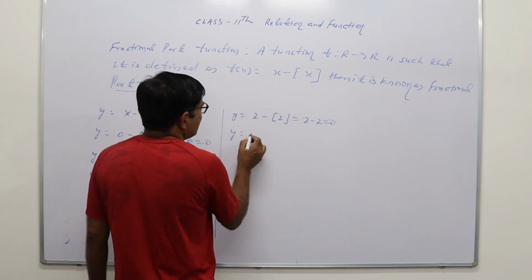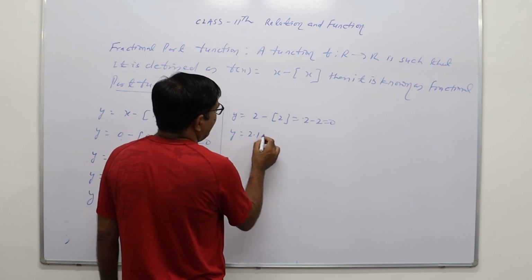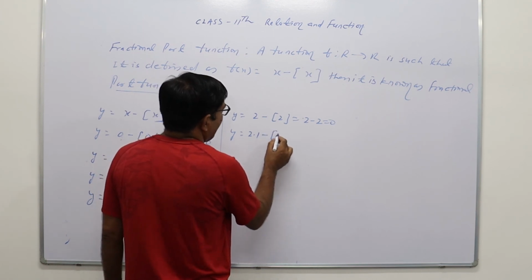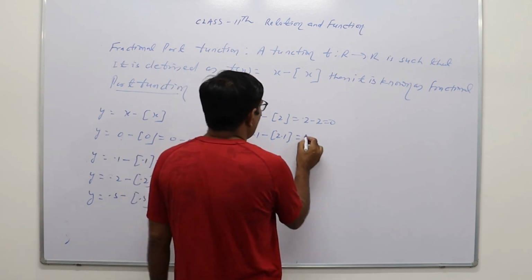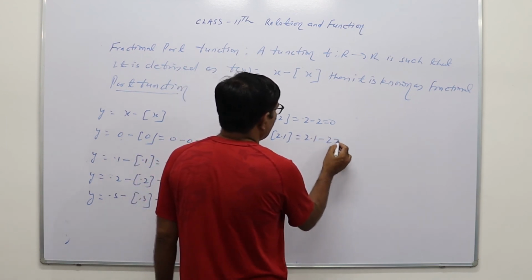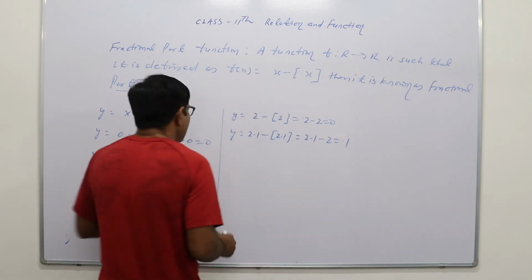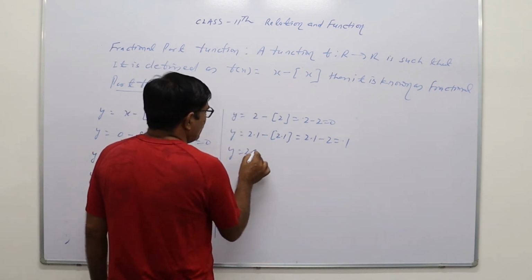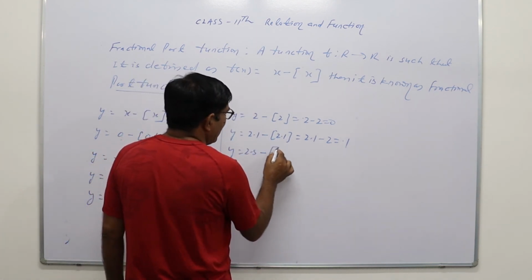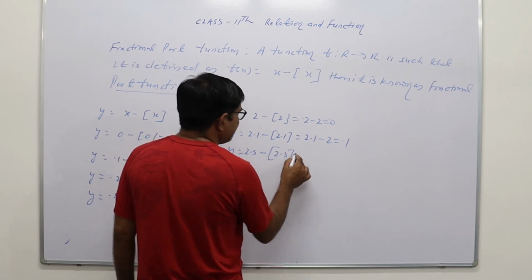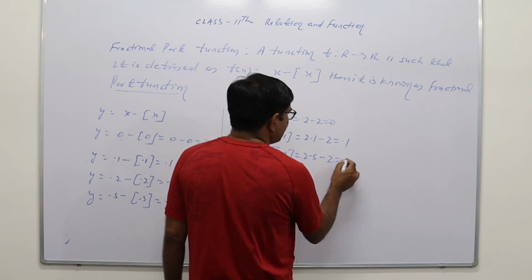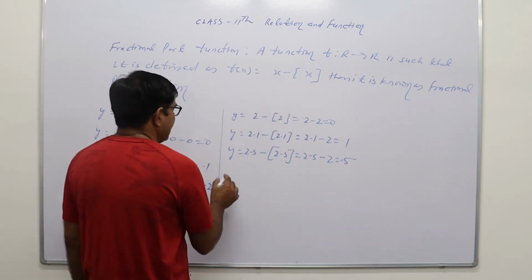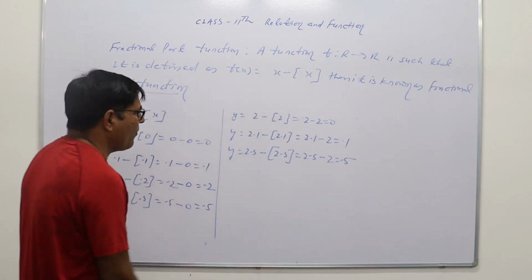Then for x equal to 2.1, 2.1 minus greatest integer of 2.1, so it will be 2.1 minus 2, that is equal to 0.1. For x equal to 2.5, that is 2.5 minus 2, that is 0.5. And similarly, we can take some more points.